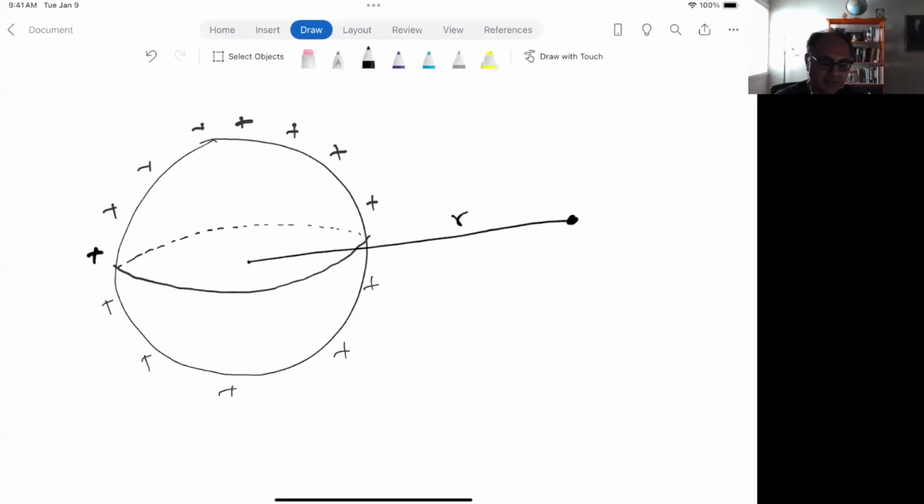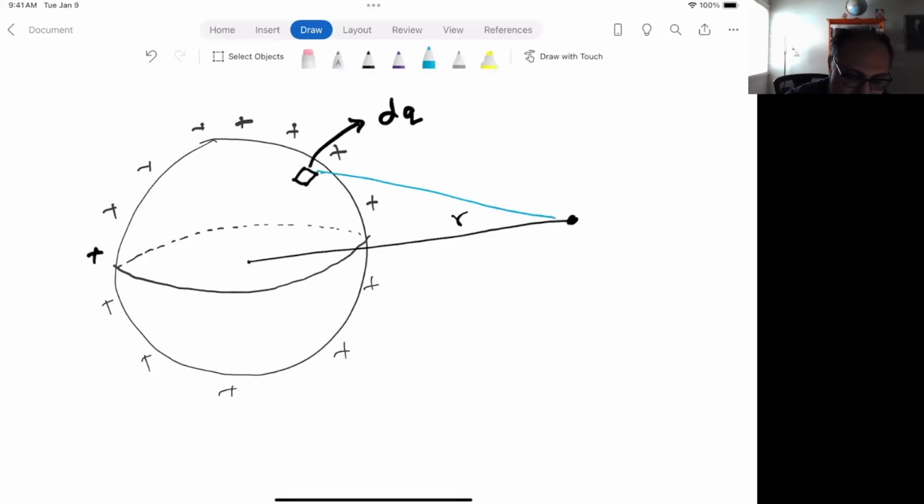Now, calculating this electric field using the techniques of the last chapter would be very, very difficult. It's not impossible. You would take a small section of the surface of this sphere, calculate how much charge there is in that small section, call that dq, then calculate the electric field dE produced by dq, and then vector add the electric fields produced by all such dqs all over the sphere.